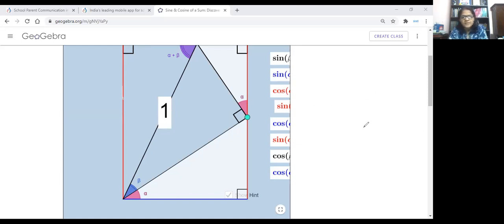Just let me adjust the setting. Okay, so this is a rectangle basically. Let me name it.